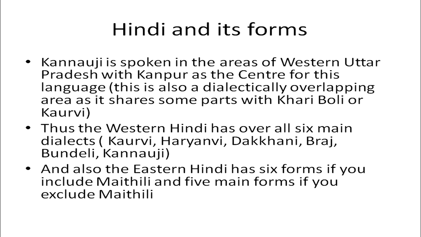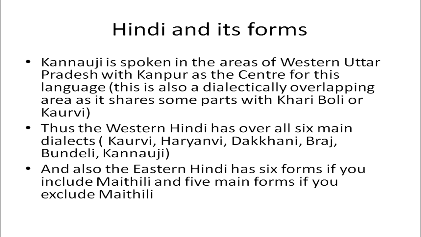Kannauji is the next form. It is spoken in the district Kannauj mainly. Of course, there is a district Kannauj in western Uttar Pradesh with Kanpur as the center for this language. This is also a dialectically overlapping area, as it shares some parts with Khadi Boli and also with Koravi, both.